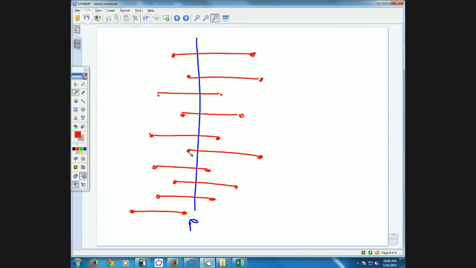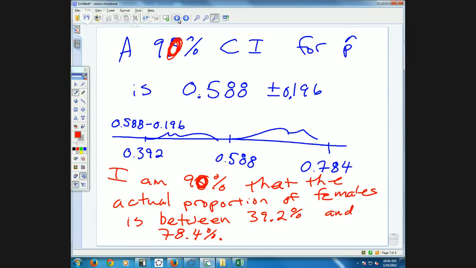So we're trying to make an interval estimate that grabs some population percentage. In this case, we went for a 90% confidence interval. Now, would you say this interval is kind of wide, 39% to 78%? Yeah. And if we instead said, let's do a 95% confidence interval, that's going to make the interval wider.